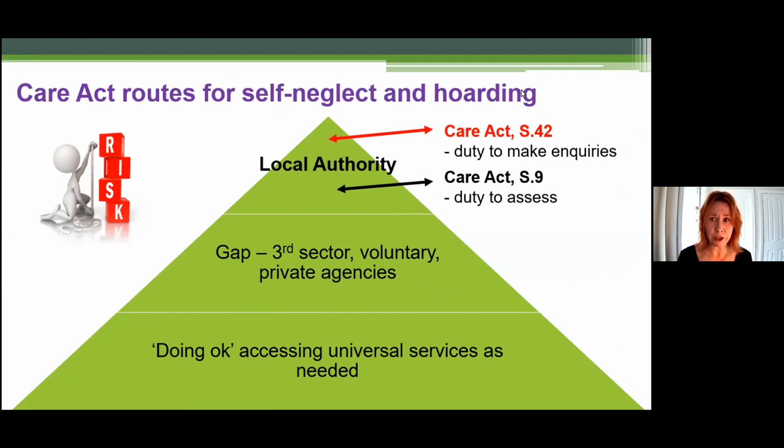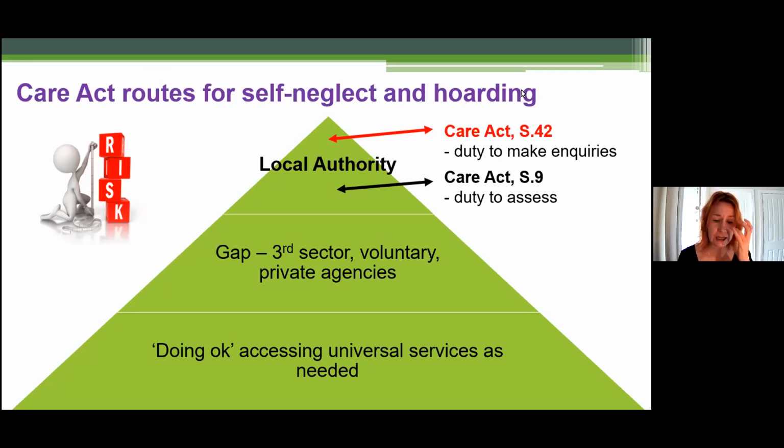Local authorities' duties come in two places in the Care Act when we're talking about self-neglect and or hoarding. So they have a specific duty around assessment, which is section 9 of the Care Act. They must undertake a needs assessment, even when the adult refuses, where it appears that the adult might have needs for care and support and they're self-neglecting.